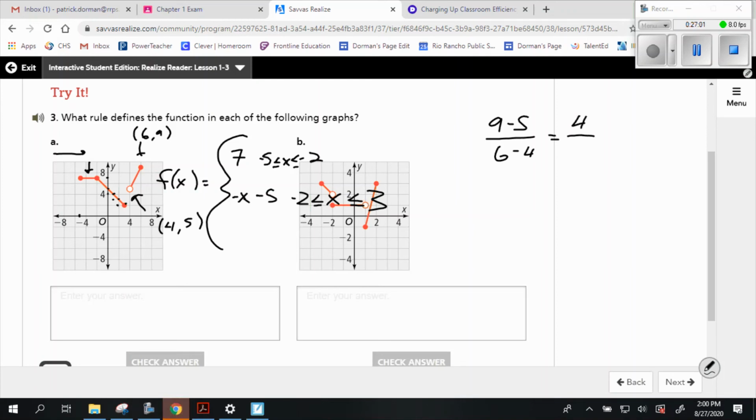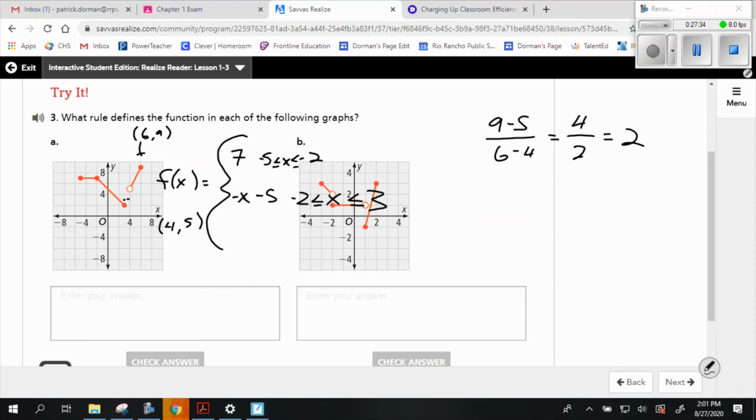If it has a slope of 2, then I'm going to go down 2 over 1, down 2 over 1, down 2 over 1. I have too many dots going on here, guys. So I'm going to go down 2 over 1, down 2 over 1, down 2 over 1, down 2 over 1.